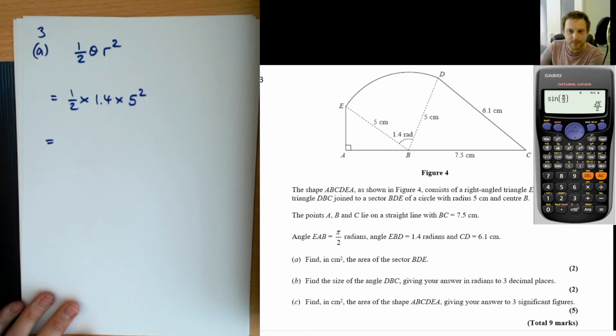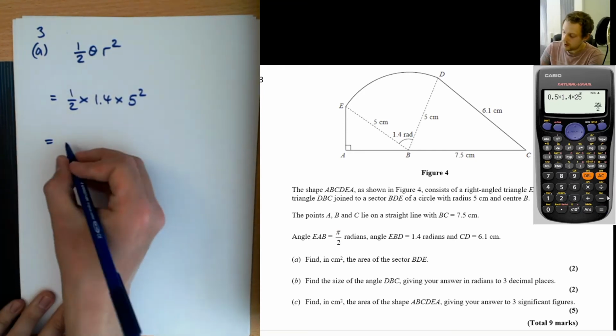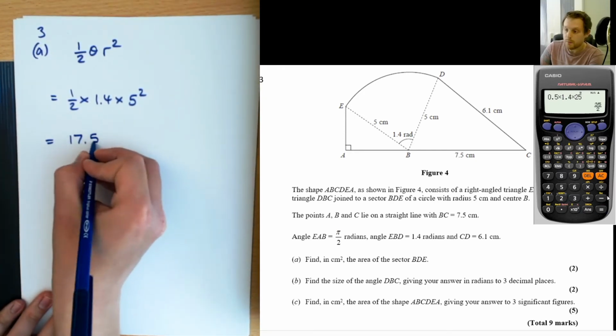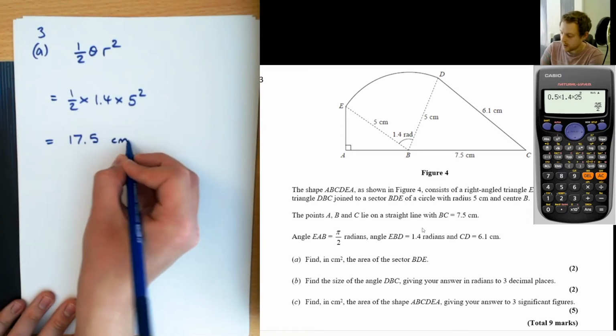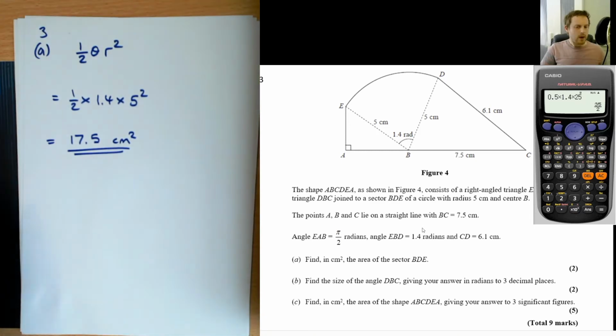Well, fair enough. So 0.5 times 1.4 times 25. So 17.5. So that's that. Let me just bring the answers up for a sec, by the way.